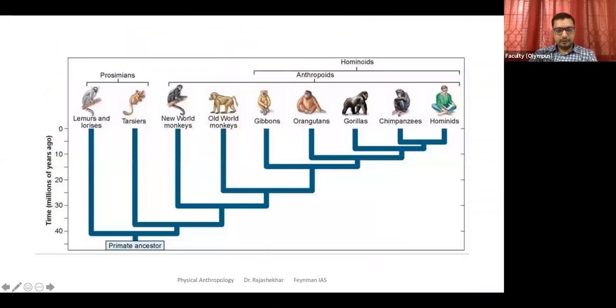Like that, we see these types of structures or classifications. Here we are seeing the timeline of how primate ancestors, lemurs and lorises, tarsiers, New World and Old World monkeys, apes, and humans have evolved. This type of tree is called a phylogenetic tree, P-H-Y-L-O.